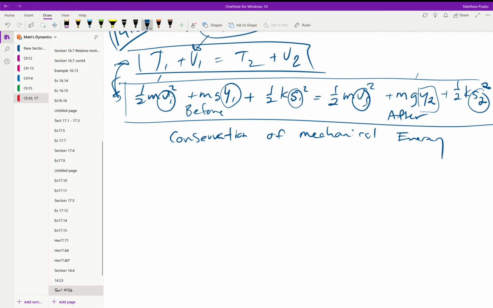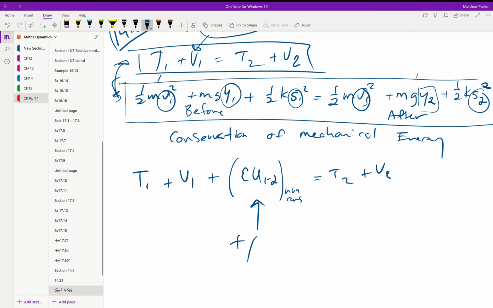Now we can add in non-conservative forces also. We do T1 plus V1 plus the summation of the work done from 1 to 2 for non-conservative forces, and that's going to be equal to T2 plus V2. And this is what I'm talking about. We just got to put this in as plus or minus work. Does it add energy?